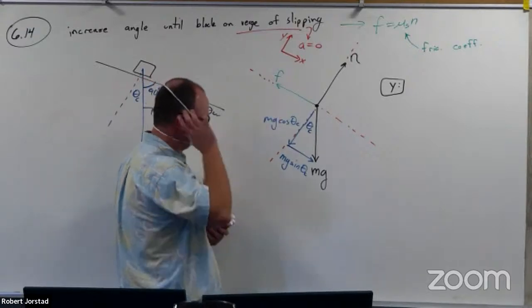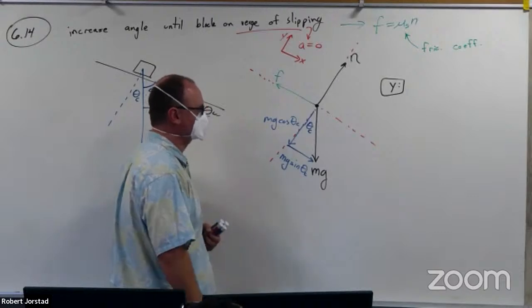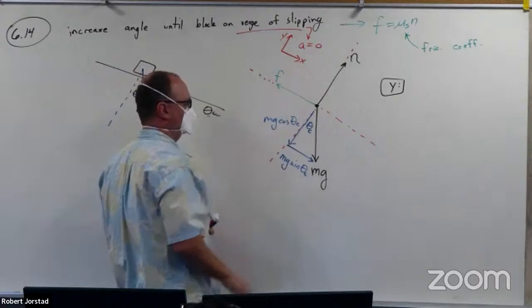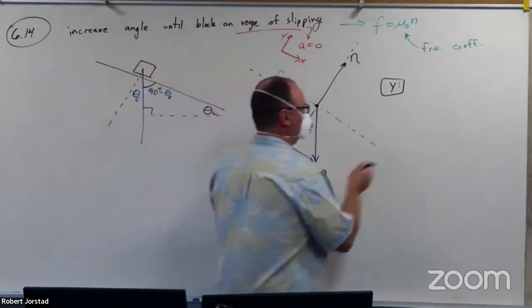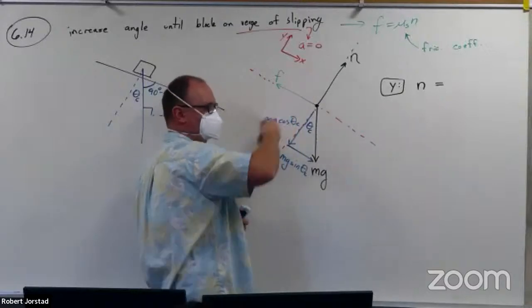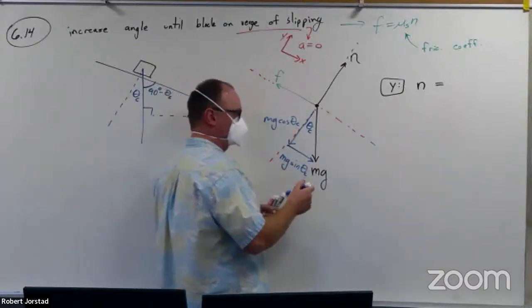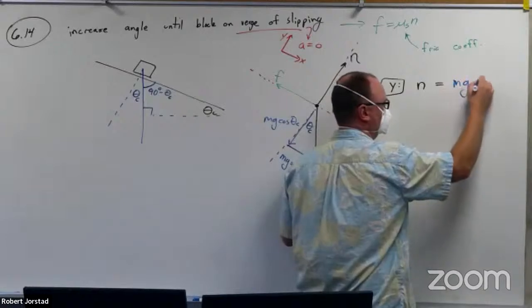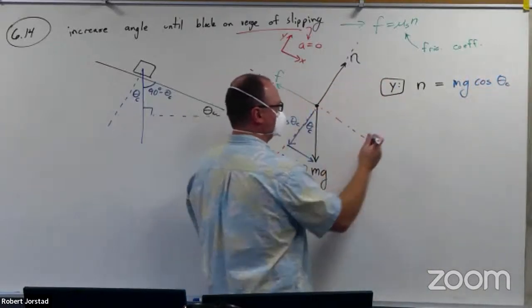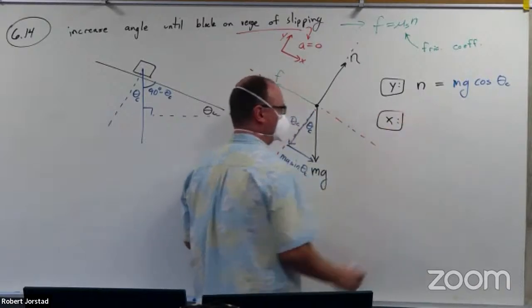What's the force equation? Somebody else. What's the force equation in the y? Normal. We can just say ups equal downs, right? Plus mg. Yep. In the x direction, somebody else. Other than those two.